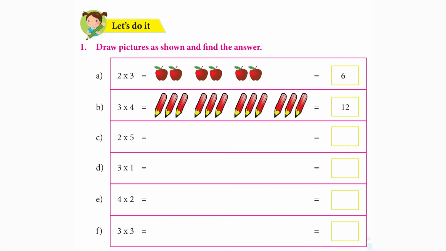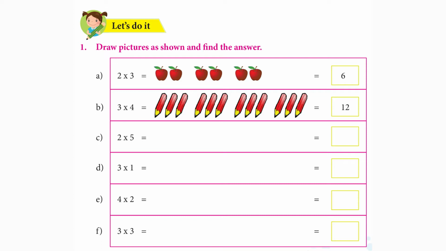Now, before we go into multiplication tables and the other learnings of multiplication, let's take a look at the exercise in page number 65, that is on your screen. As you can see, it says draw pictures as shown and find the answers. 2 into 3.